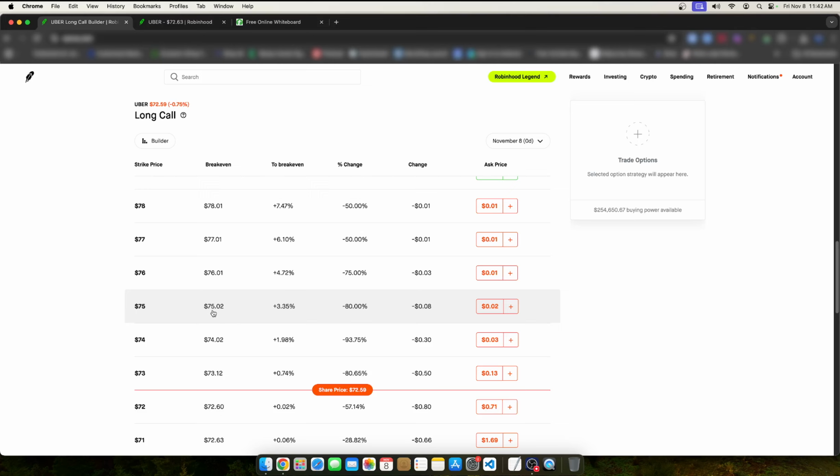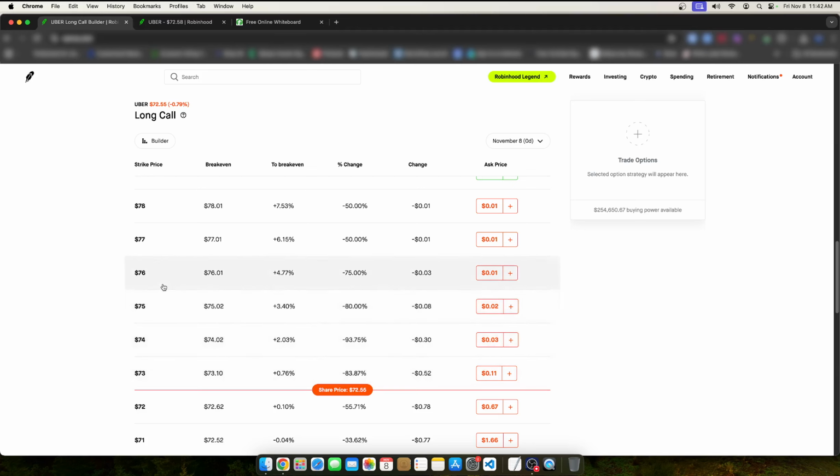For us to even break even, it has to be at 75.02, but for us to make a profit, it has to go past it, right? So for every penny that we make that gap, we make the gap of income, which allows you to get access to more shares, right? But once again, it's more risky. So if you just bought 500, 600, 1,000 shares of Uber, that wouldn't be nearly as risky as this.